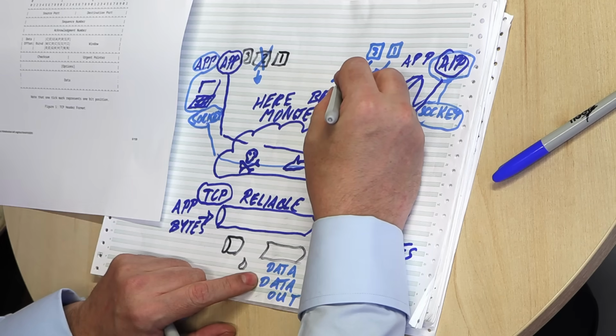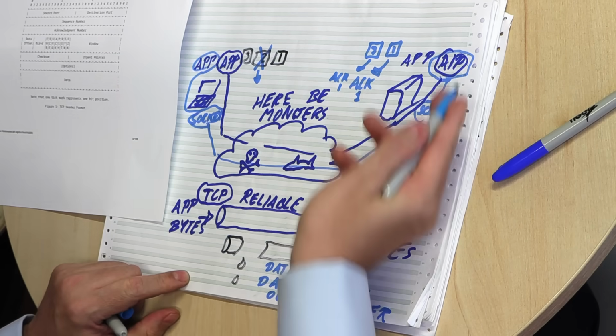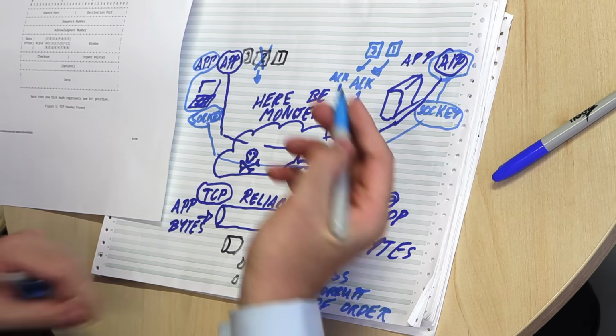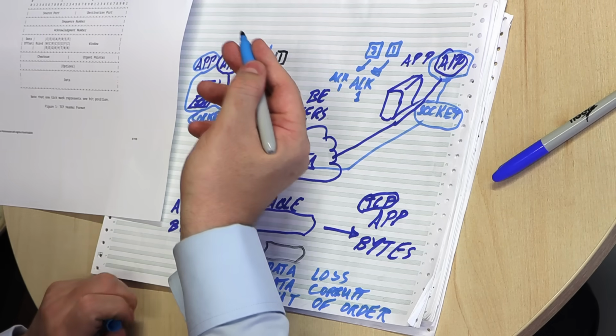Because then our messages got out of order. Now, I'm going to send back ACK1 again. And by sending back that ACK1, I'm saying, I've got some data for you, but it's not the data I really wanted. Now the laptop realizes, right, he sent me back ACK1 again.